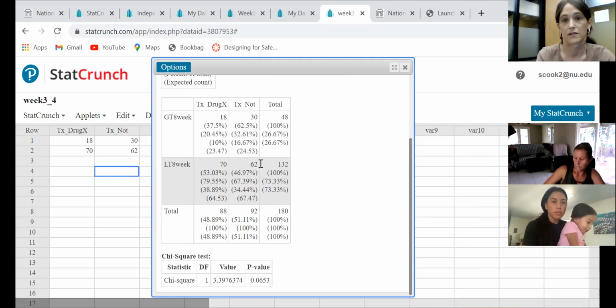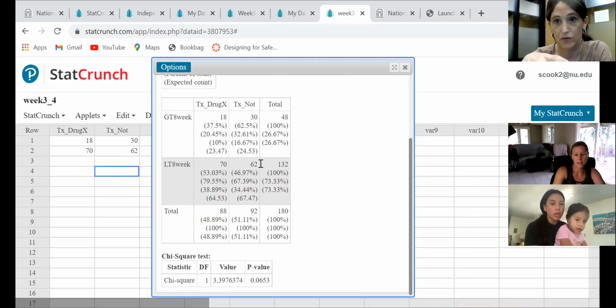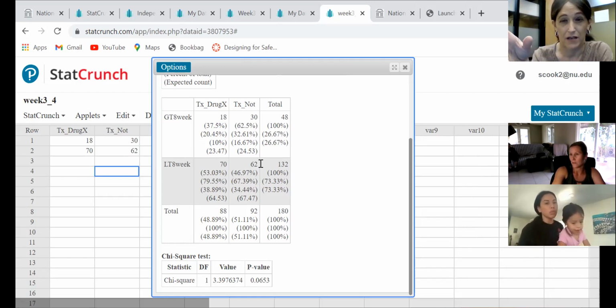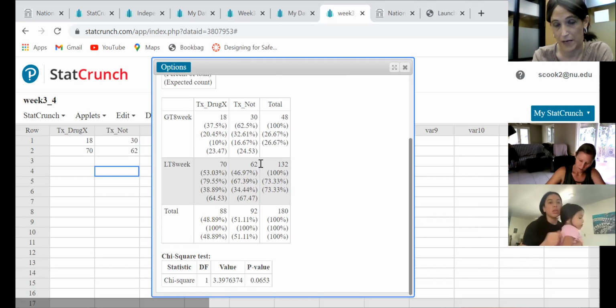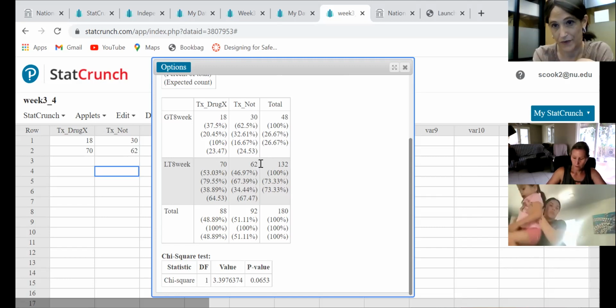So this strategy of using the with summary data feature, it comes up, I think, 3 times, twice in the homework main assignment and then once in the discussion. And in the discussion question, the first one asks you to replicate a table that's in your book.